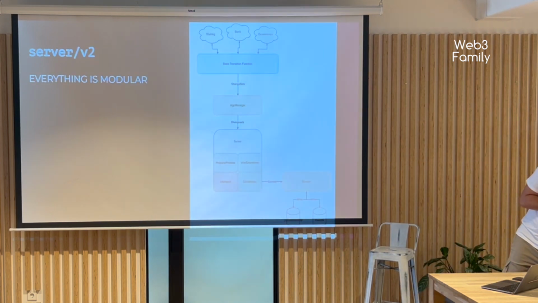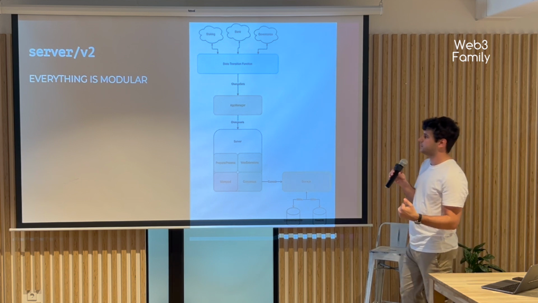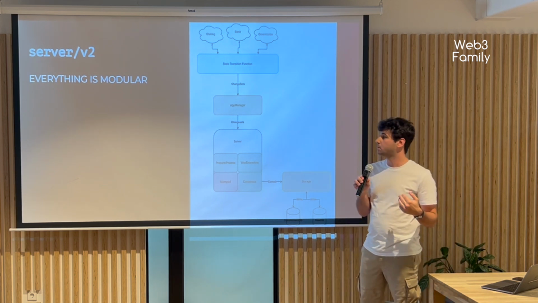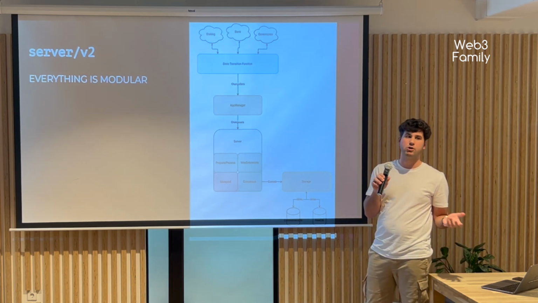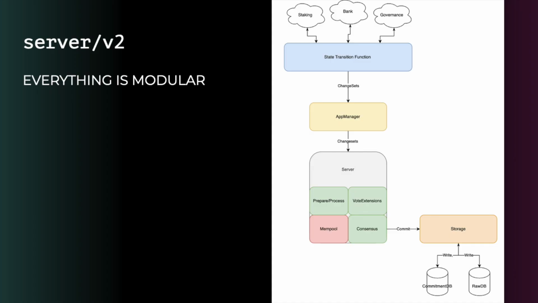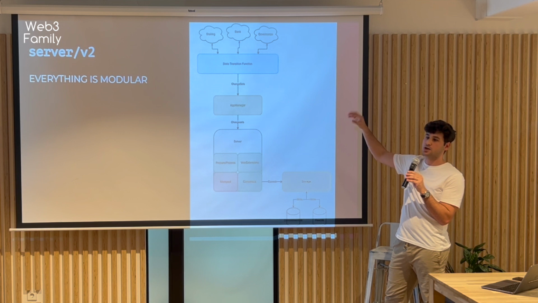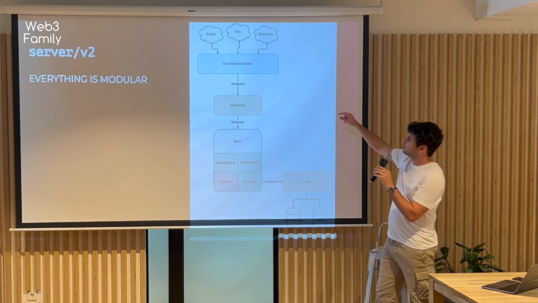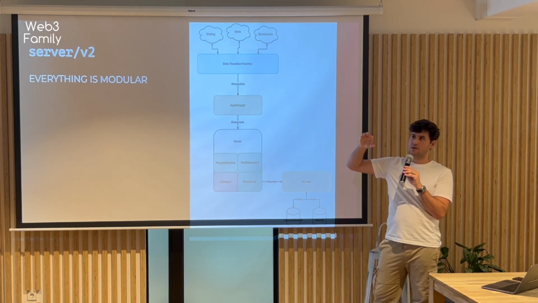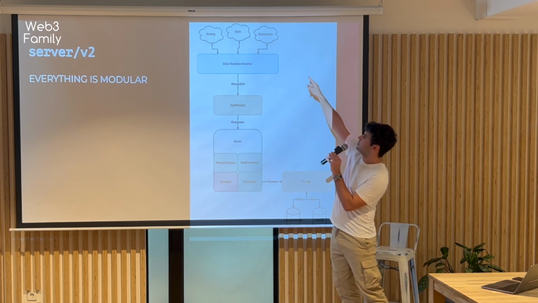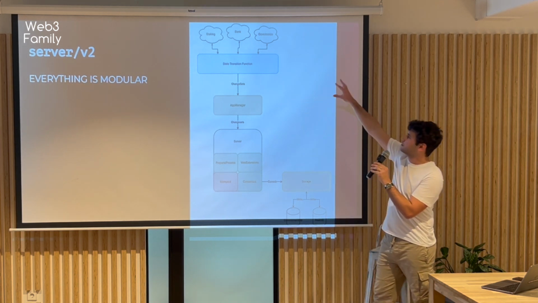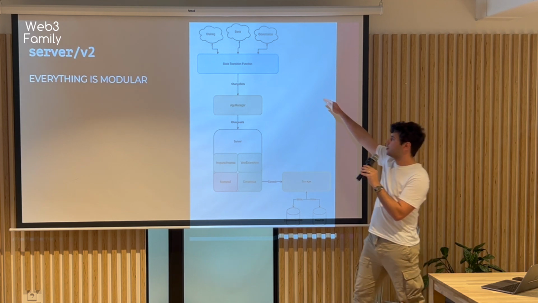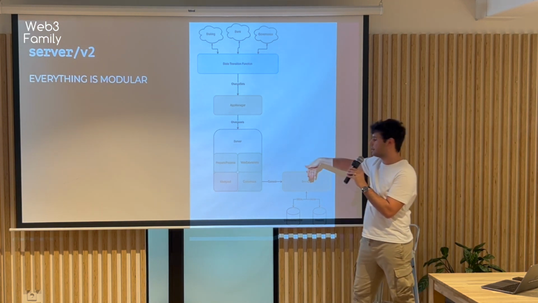How the Cosmos SDK team is pushing this view even further is with what we call Server v2. We are not very creative with names, but you can see here that everything is modular. This is a representation of how a blockchain in Cosmos works internally. If you are a more basic user, you're going to build right on top, adding a module there, and you're not going to worry about all of these things happening here.